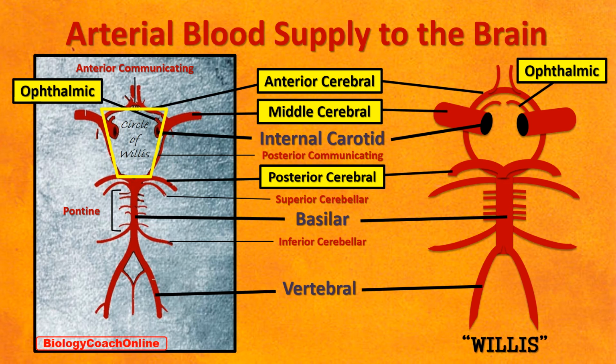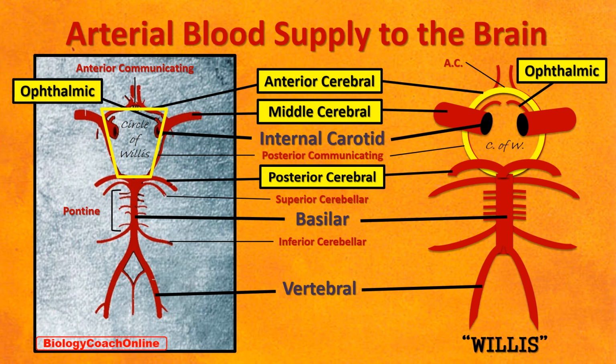Now recall that the posterior communicating joins the posterior cerebral to the anterior cerebral, while the anterior communicating connects the left and right anterior cerebrals together. And the posterior cerebrals, the posterior communicating, the anterior cerebrals, and the little anterior communicating artery form the alien's head, which represents the circle of Willis.